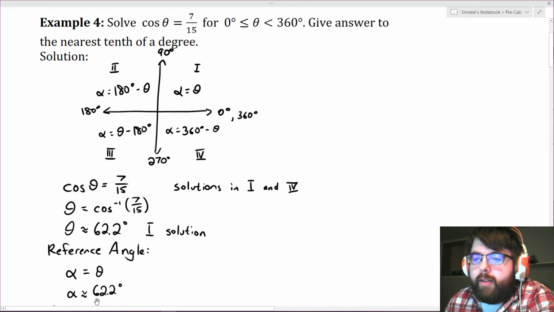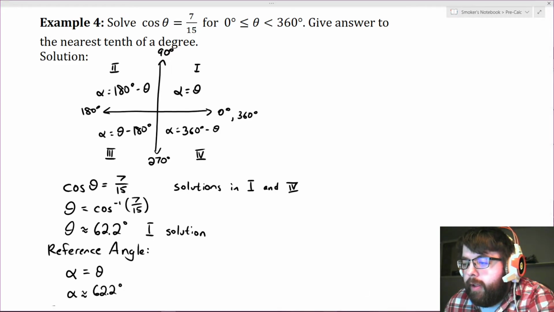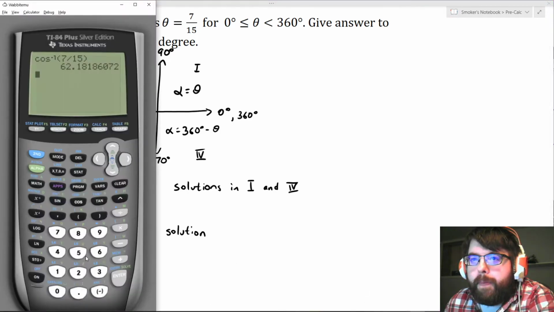So that's what this is. This is our reference angle. 62.2 is the angle measure that, when plugged into cosine, gives approximately 7/15. Going back over here, I'm going to try that, 62.2.